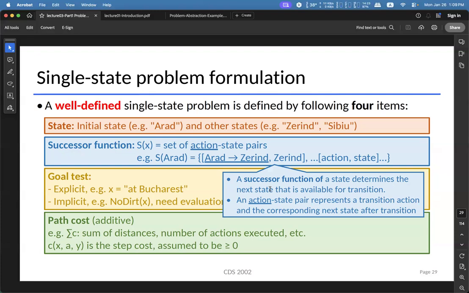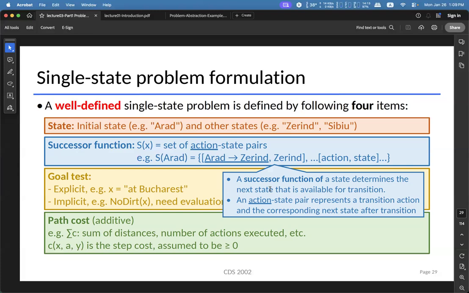I'm adding a bit of extra information right here. When you read a data structure textbook, or if you have friends studying computer science or data science in other universities, when they are studying data structure, they may actually learn that a graph can be represented like this.